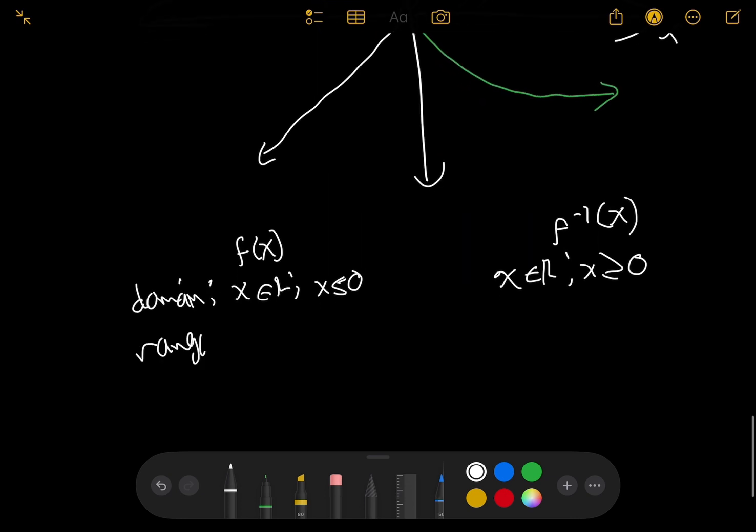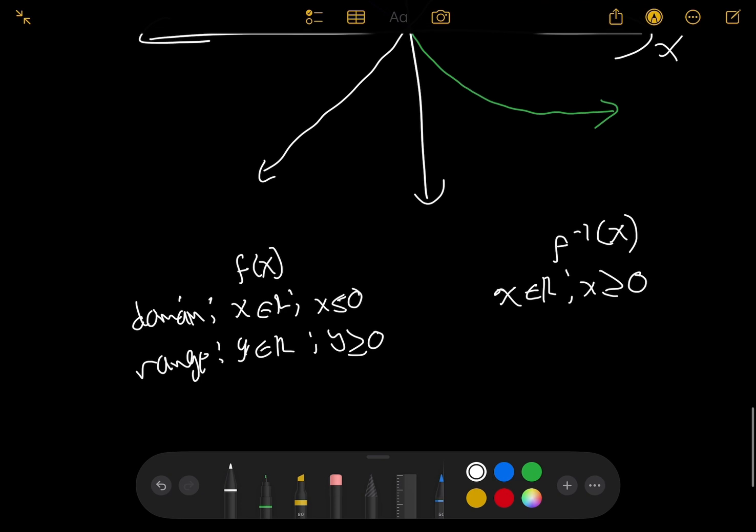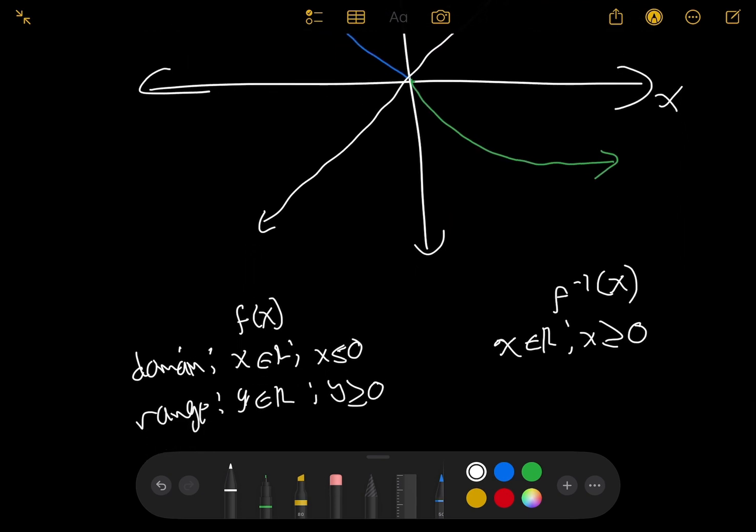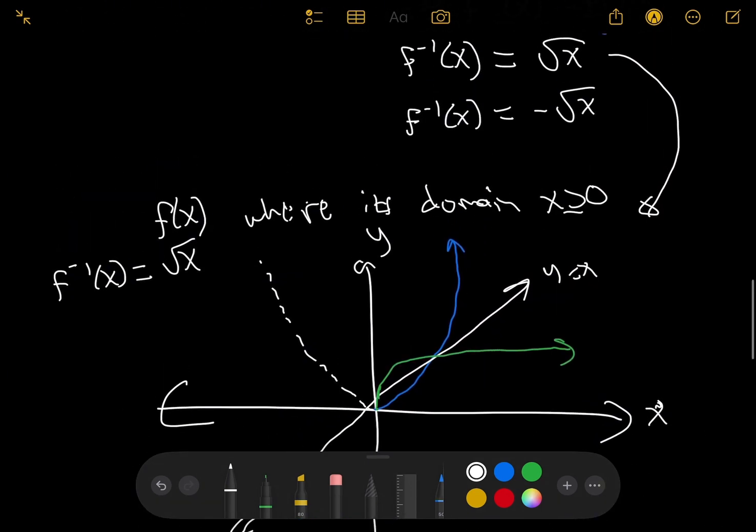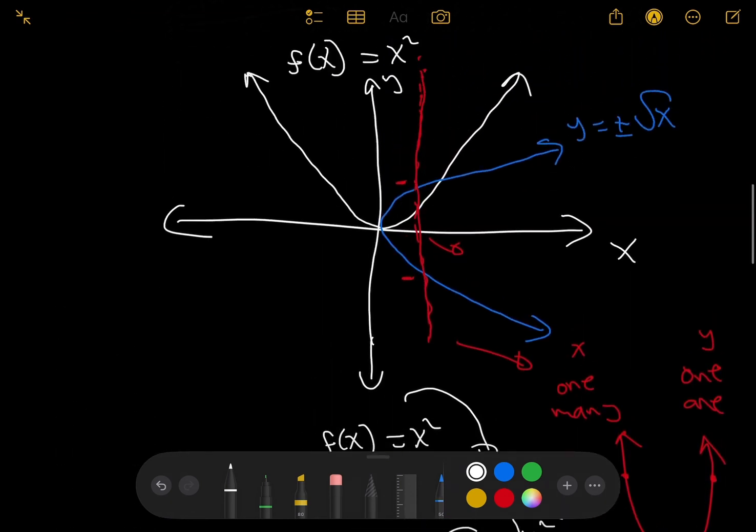And then for the range, y is an element of the real numbers where y is greater than or equal to 0, but in here, instead, we get the opposite: y is an element of the real numbers where y is less than or equal to 0. Okay, so in any case, let's look at something that is important.